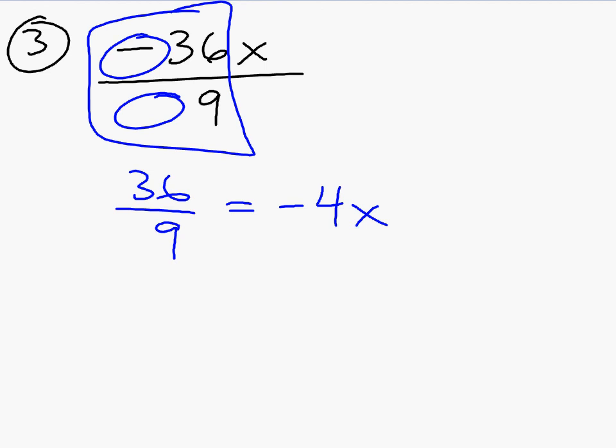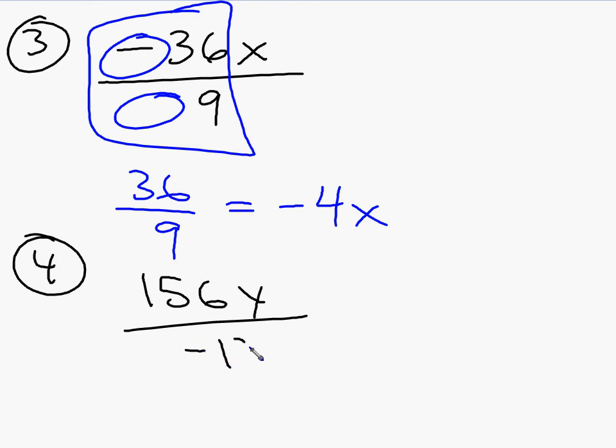You may have some where you have to do the division, like this one. What if you had this one? 156y over negative 12. Well, that fraction bar means division, and we don't know what 156 divided by 12 is unless we go over to the side and do it.